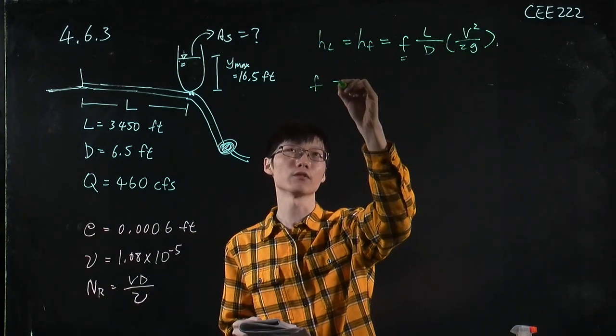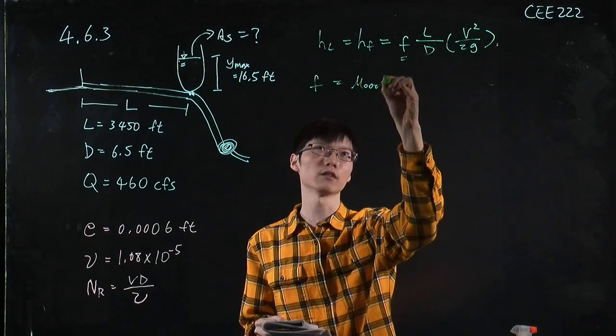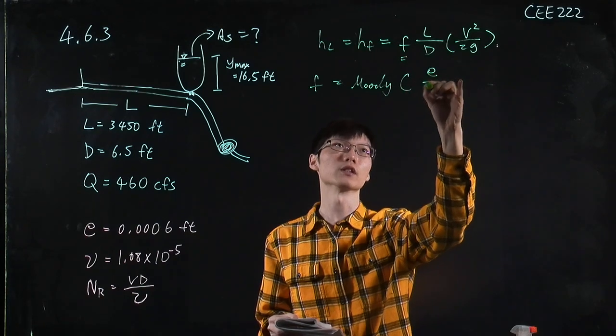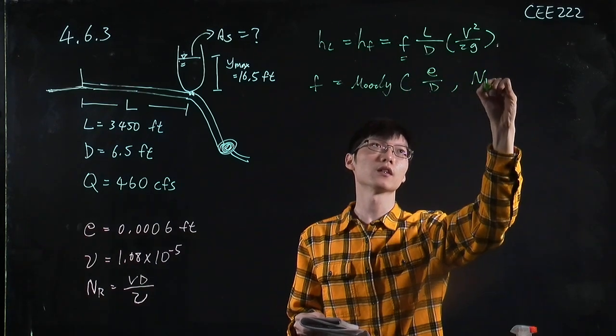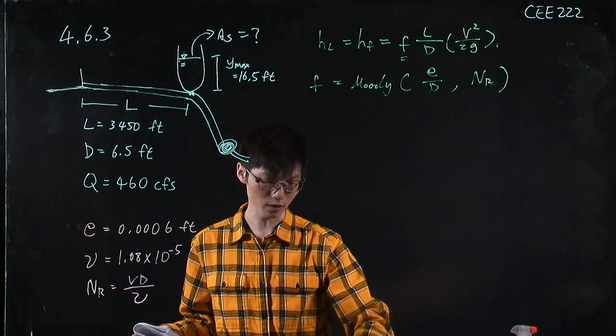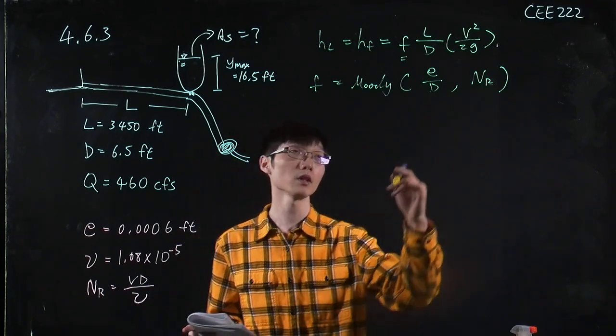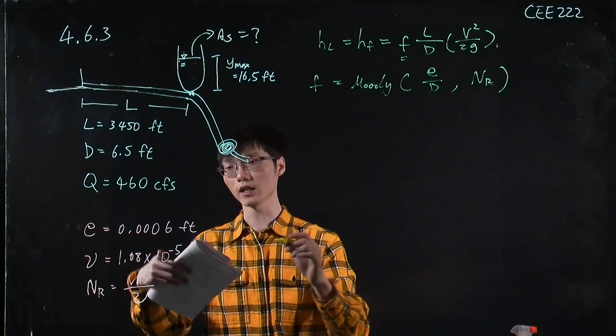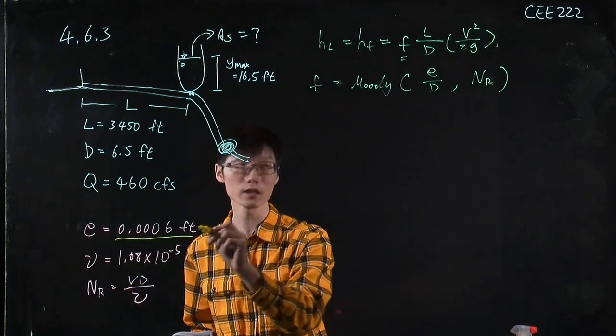If you still remember, the factor F can be found by the Moody diagram using this information here. So we need to first calculate these two quantities. Let me change the color. The E I already gave you is equal to this.